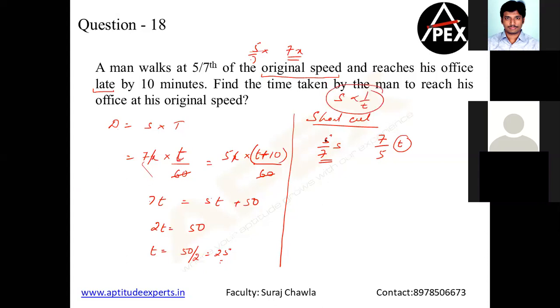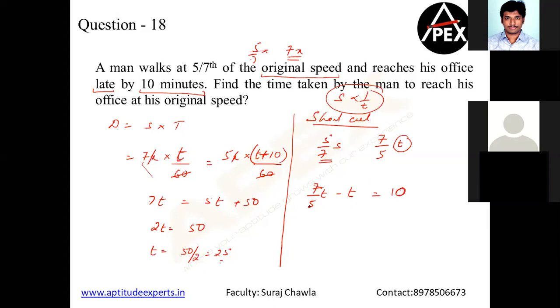So if his new speed is 5/7 of the original speed, then his new time becomes 7/5 of the original time. Now, just subtract t from here. That should be equal to 10 minutes late. Clear? So you get the answer in one shot.